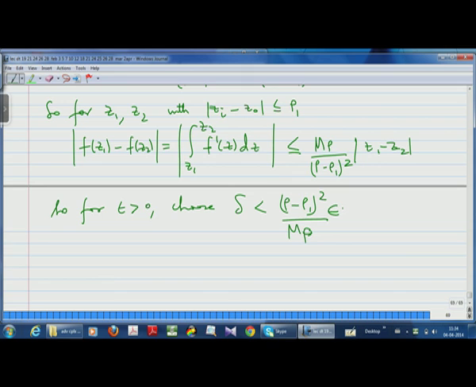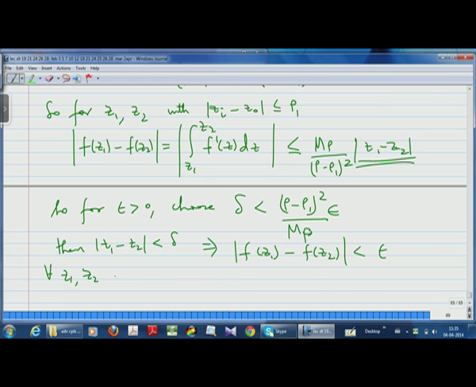Then mod Z1 minus Z2 less than delta will imply that mod f Z1 minus f Z2 will be less than, you look at this quantity, I have to replace this mod Z1 minus Z2 by the bigger quantity rho minus rho 1 the whole squared by m rho epsilon, and I will get less than epsilon. Basically this is true for all Z1 and Z2 inside mod Z minus Z0 less than or equal to rho 1.